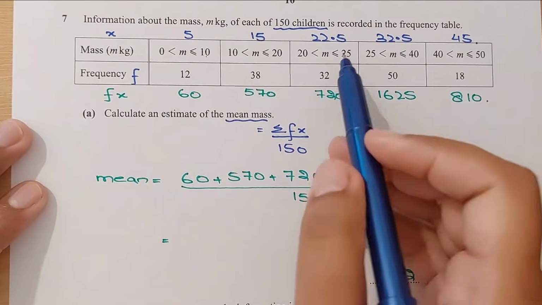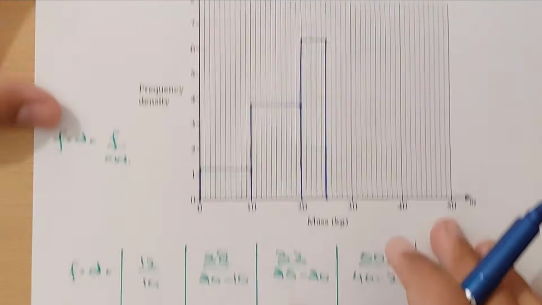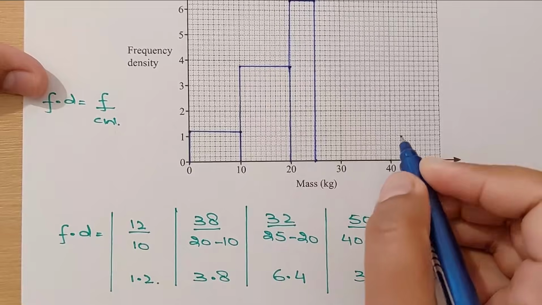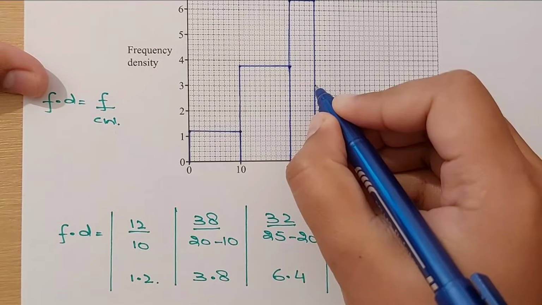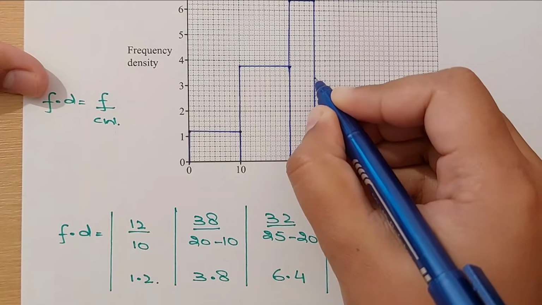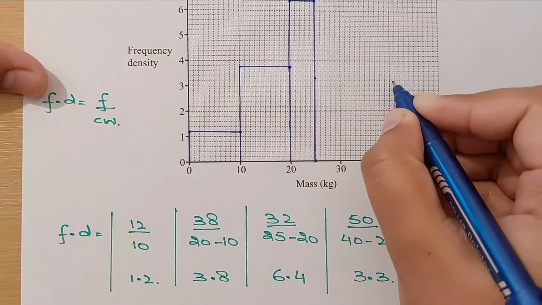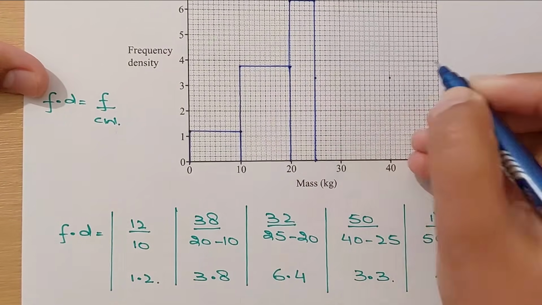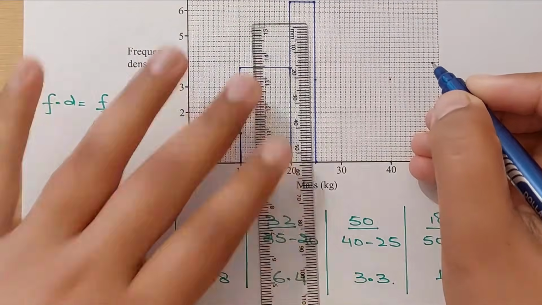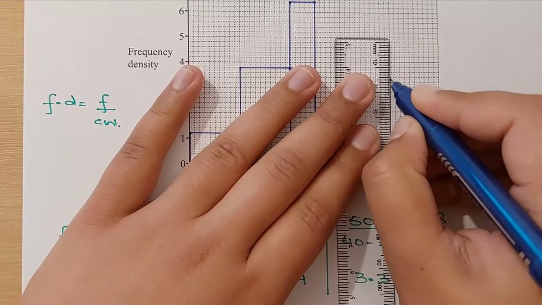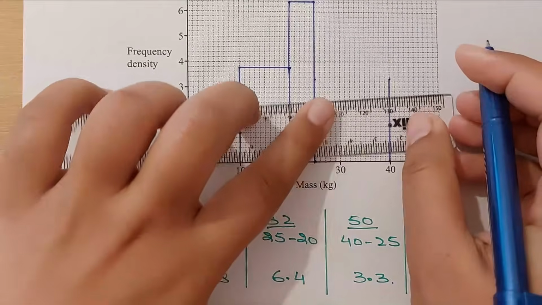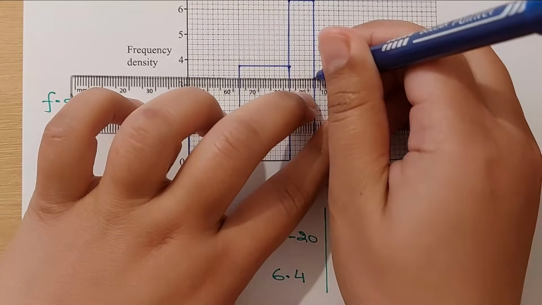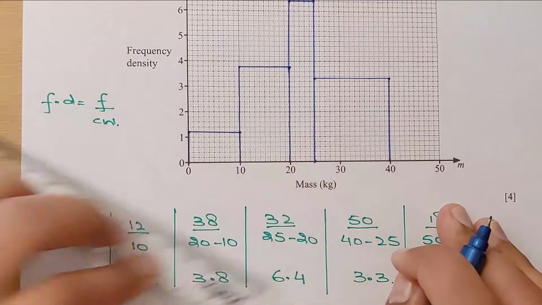Okay, 25 to 40 now. This is 3.3. We have 3, 3.2 and 3.3 is over here, and 40. In the middle of 3.2 and 3.4, we have 3.3.